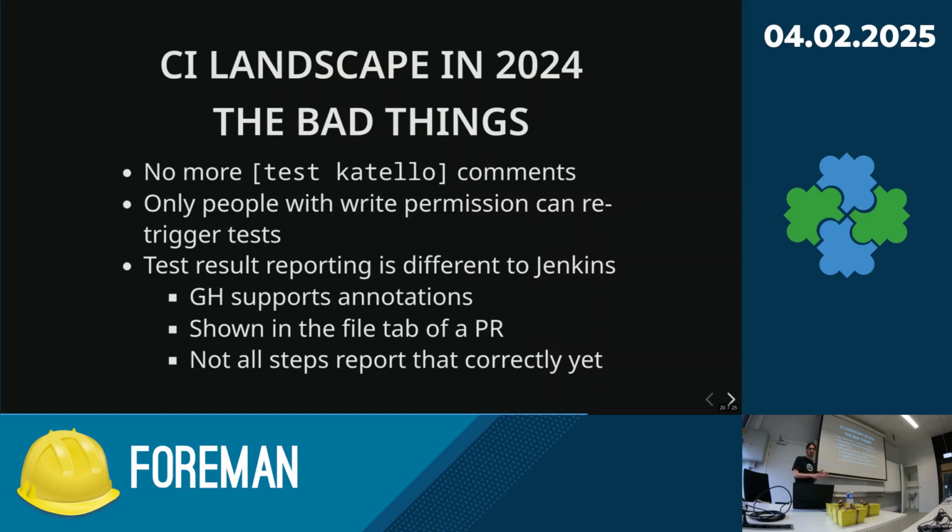Some tasks do support GitHub annotations, and you see it in the test files, but it's not always obvious to everyone. And I think this is an area, when it fails, how do you then resolve it? That's an area we can still improve a lot on. If people have thoughts on it, I would love to hear them.